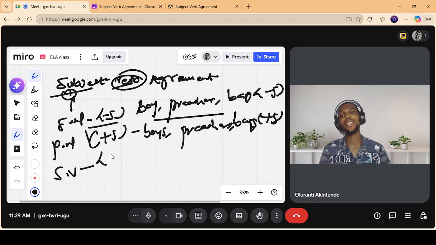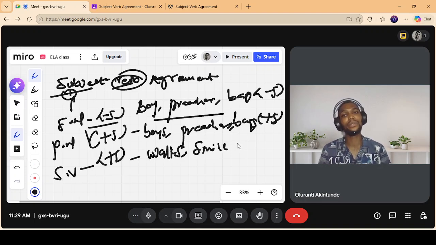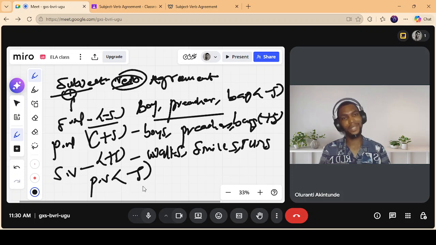Singular verb would take plus s. For example, walks, smiles, runs, right? And then plural verb will not take s.